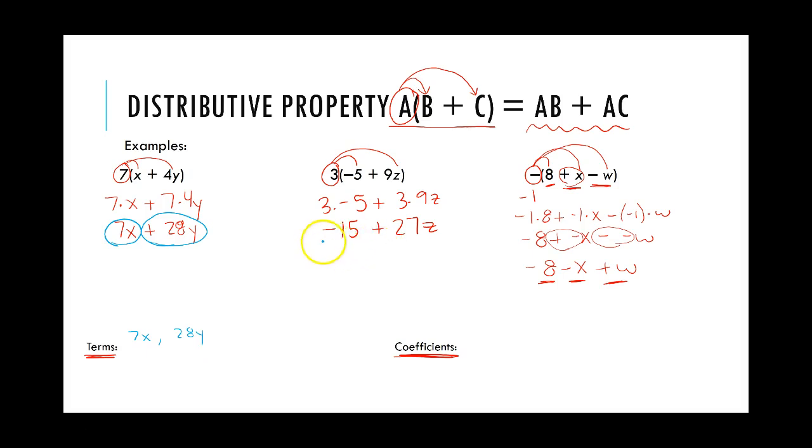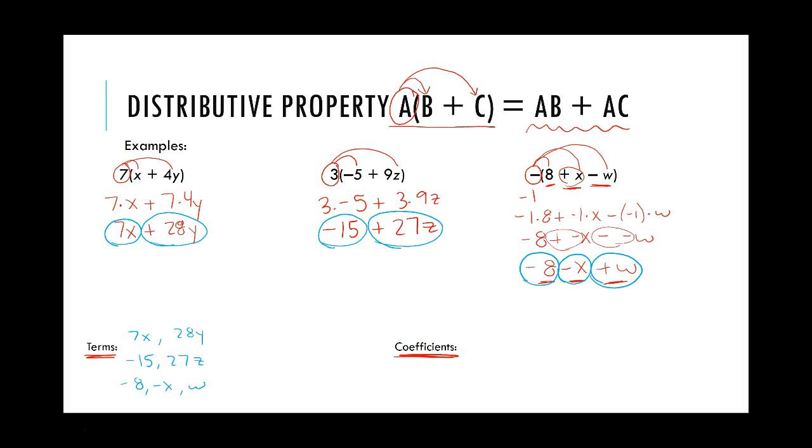The terms for the second are -15 and a positive 27z. And for the last one, you have a -8, negative X, a positive W. So all these circled, and an expression can be made up of multiple terms.